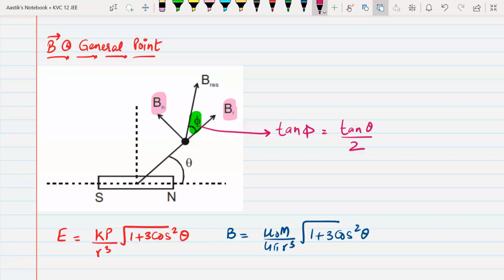Okay, then let's resume. You must understand that everything that we are doing here is the same whether it's an electric dipole or a magnetic dipole. The next heading is magnet or magnetic dipole in a magnetic field. So write the heading: magnet in a uniform magnetic field, and you can draw.